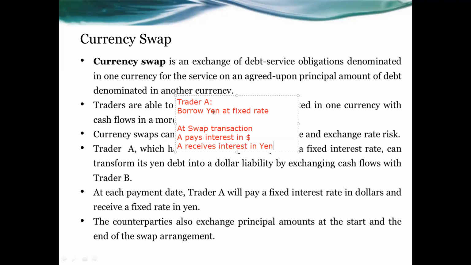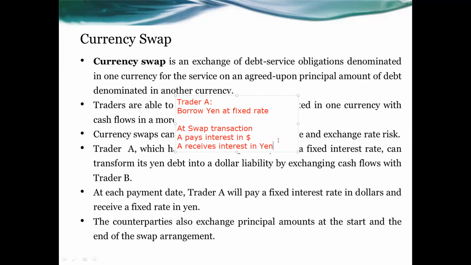So trader A borrows yen and transfers it to the bank. For that amount, he receives a payment equal in dollars. So he borrows yen at a fixed rate and transfers that yen to the bank, and the bank will pay him a dollar denominated amount.